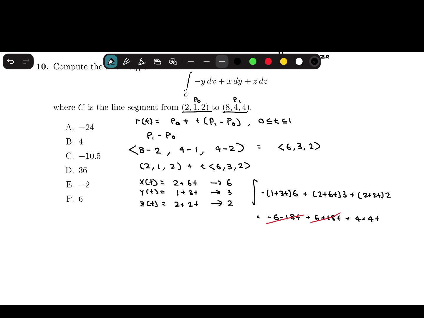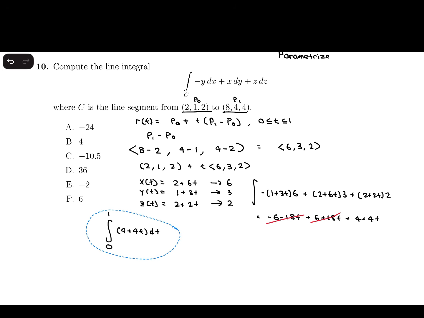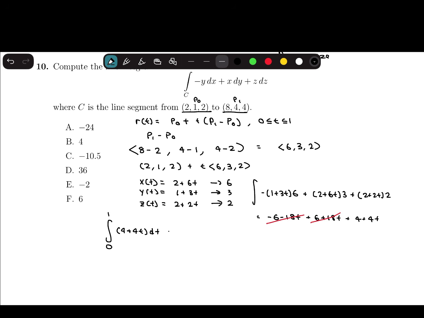And now we just have to compute the integral with the bounds we already know, 0 to 1 of 4 plus 4t dt. When we evaluate this with respect to t, you get 4t plus 2t squared from 0 to 1, which becomes 4 times 1 plus 2 times 1 squared, which is simply 6.